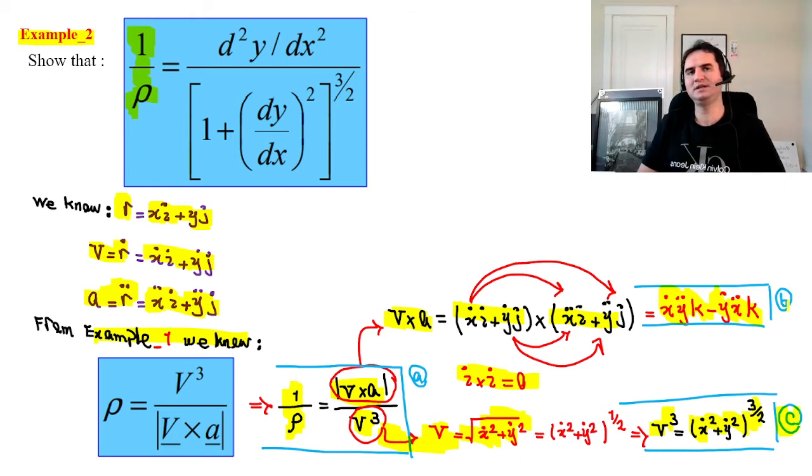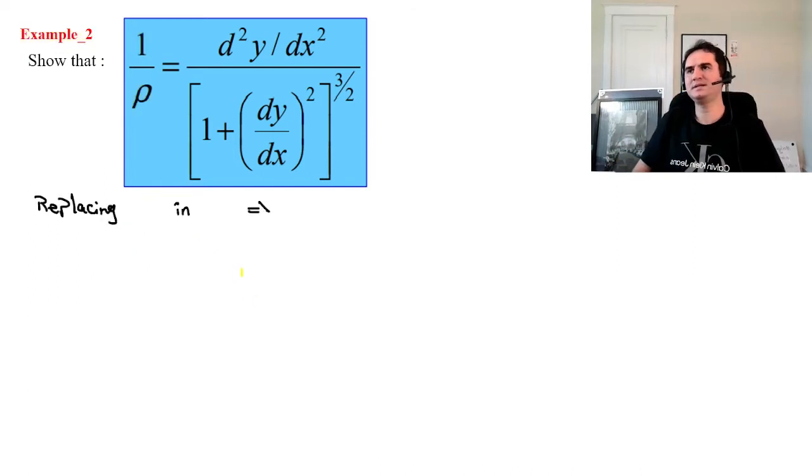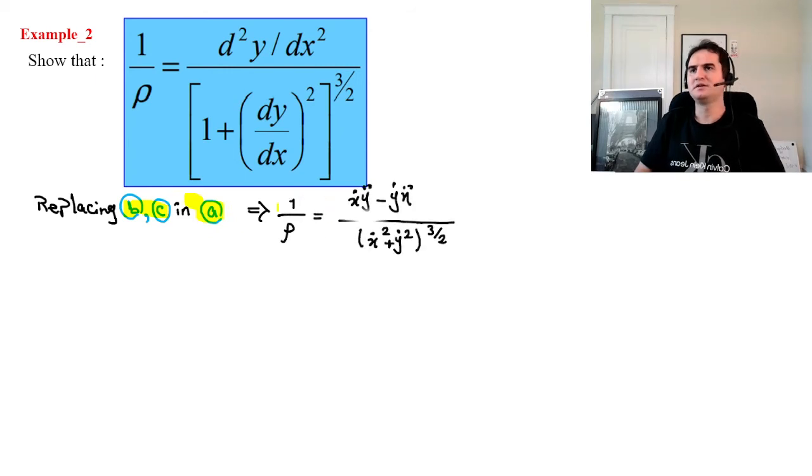If we call them a, b, and c, by simply replacing b and c in a, we have 1 over rho, which is x dot y double dot minus y dot x double dot over x dot squared plus y dot squared, in parentheses, to the power of 1.5.